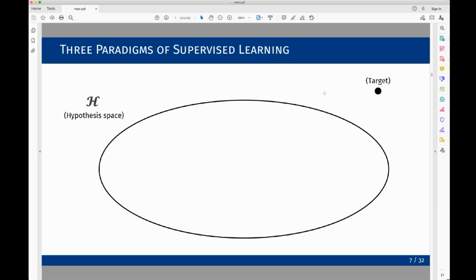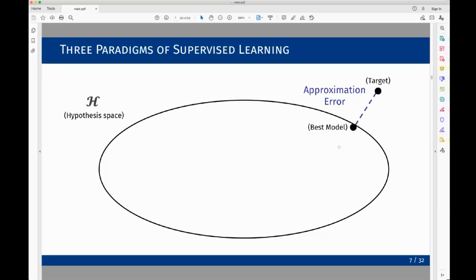Given the best model in our hypothesis space, what's the distance between our target functional and the best model that is realizable by our hypothesis space? This is called approximation error.